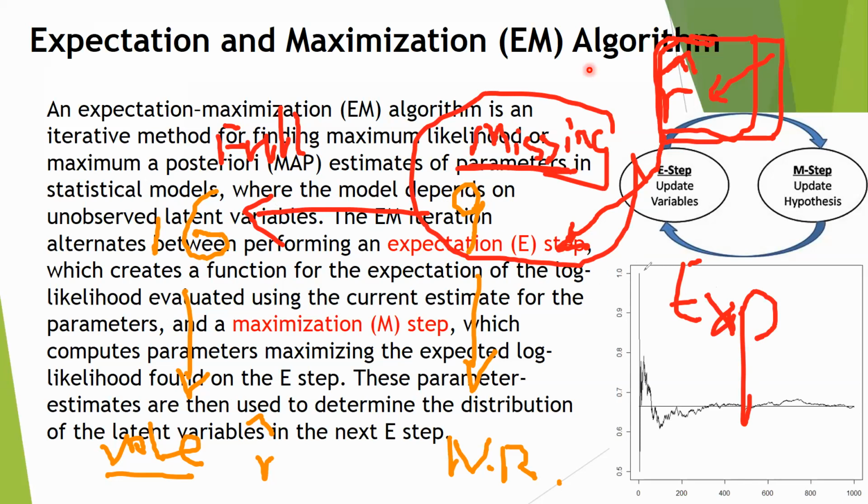Now, once you imputed the missing value, you just successfully change this 9 category problem into the 16 category problem. If you have the 16 category problem, that's the fully observed, then you can use the MLE rather than the Newton-Raphson, right? So this is one iterative step.